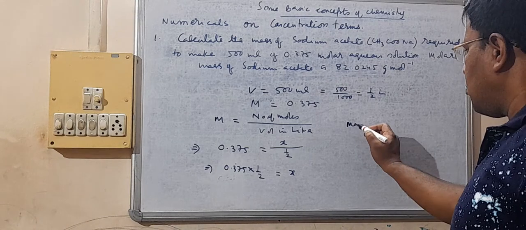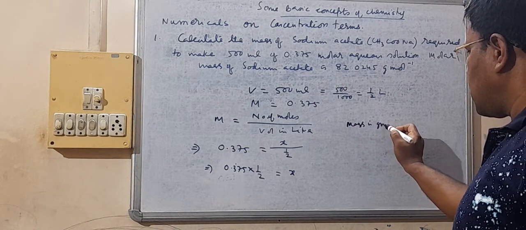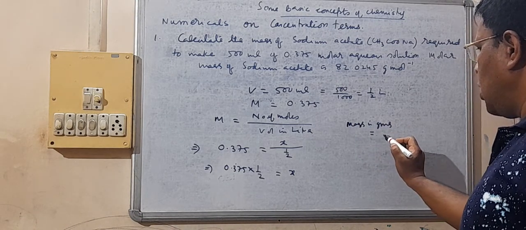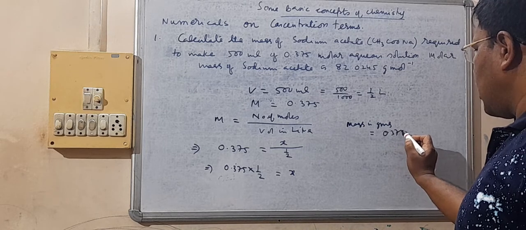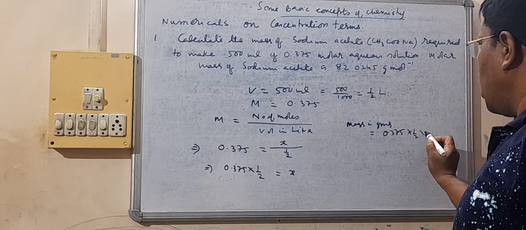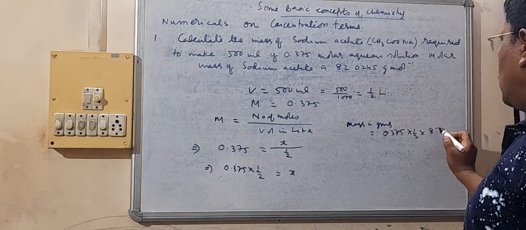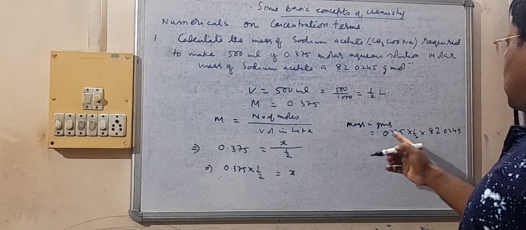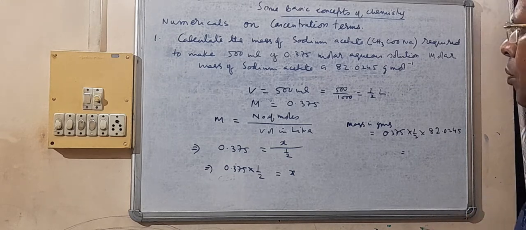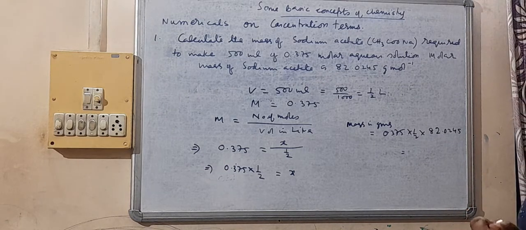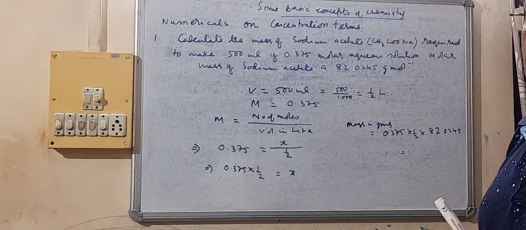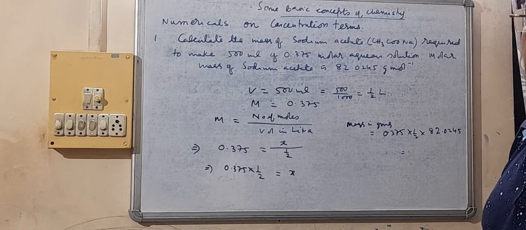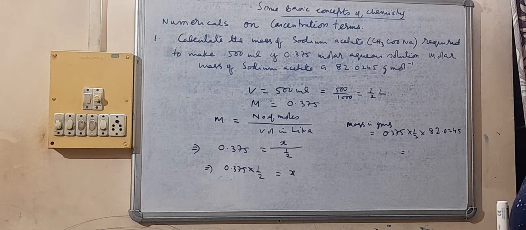So answer mass in grams will be 0.375 into half into 82.0245. So this you will multiply, that will be the answer in grams. So remember one thing, number of moles multiplied by molar mass gives us mass in grams.